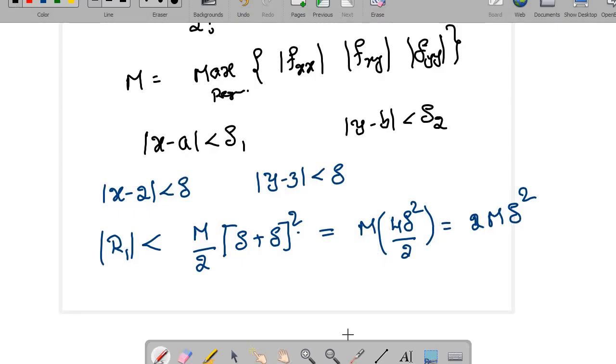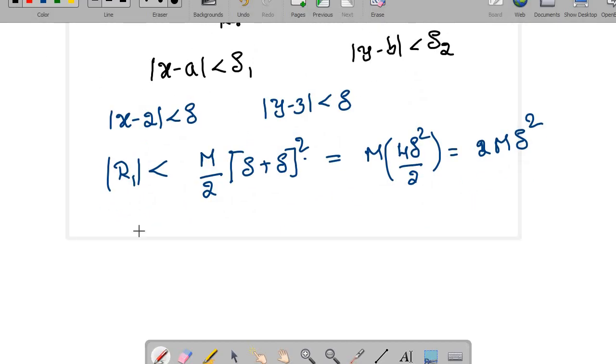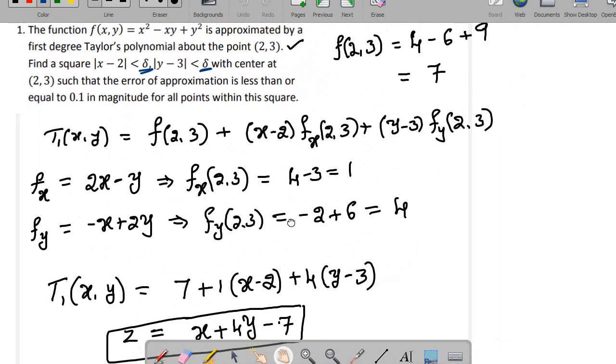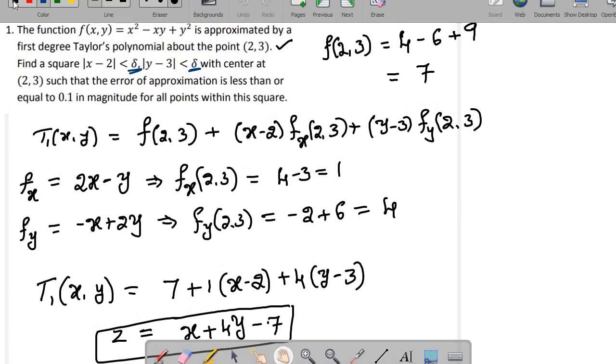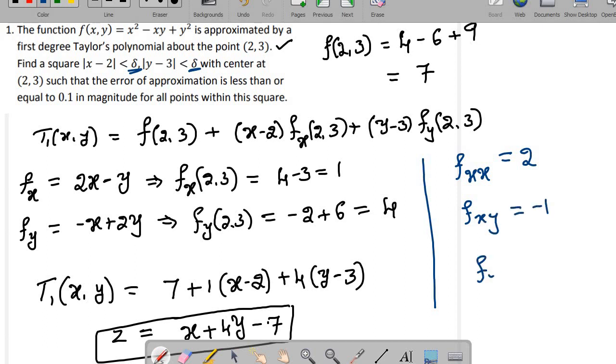So let's try to find M here. M is the maximum of fxx, fxy and fyy. Here it is easy to see that fxx is 2, fxy is negative 1, and fyy is 2.